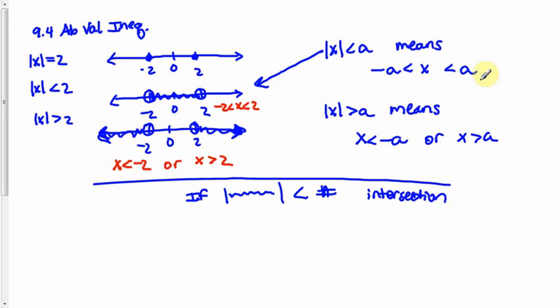Because isn't this an intersection inequality that we just talked about a little bit ago? If you have the absolute value of some stuff is greater than a number, and the equal to bars can be under there, those are flexible. If they're under there, that's fine. It's a union problem.